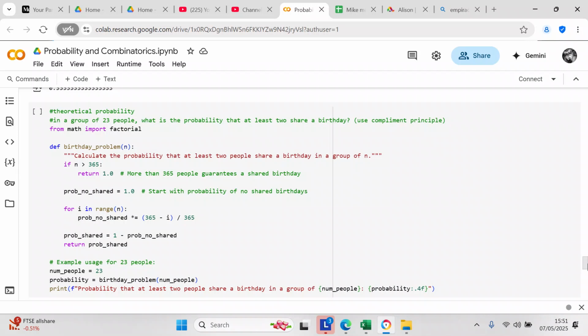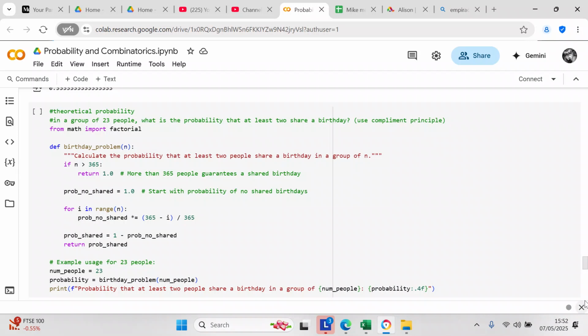prob_no_shared equals 1. Start with the probability of no shared birthdays. For i in range(n), prob_no_shared equals prob_no_shared times (365 minus i) divided by 365. So prob_shared equals 1 minus prob_no_shared, and you return prob_shared.